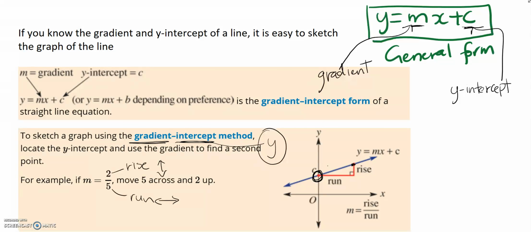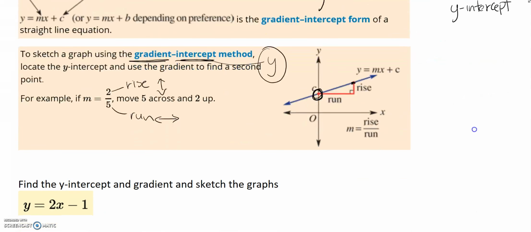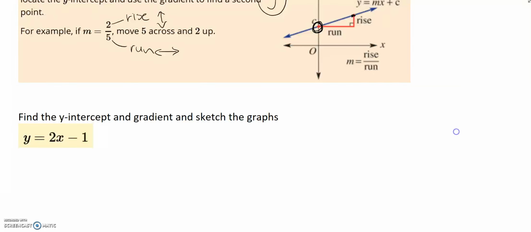Let's do another example. Find the y-intercept and gradient and sketch the graph. Because it says y-intercept and gradient, the first thing we do is locate those two things. Remember, the equation is in the form y = mx + c, so let's put that in brackets. What does each of them relate to?